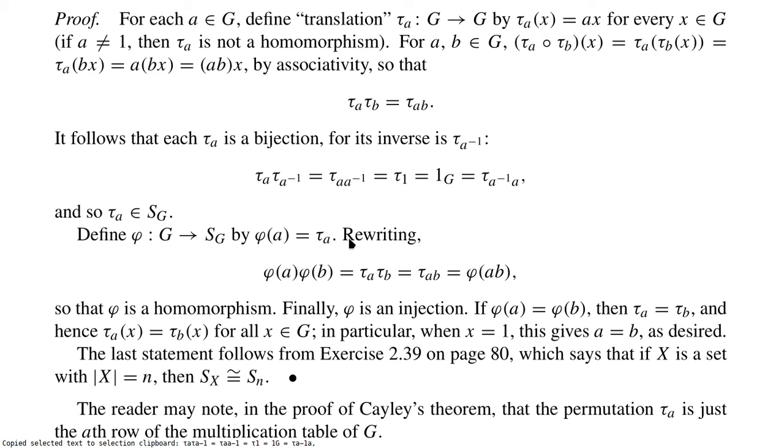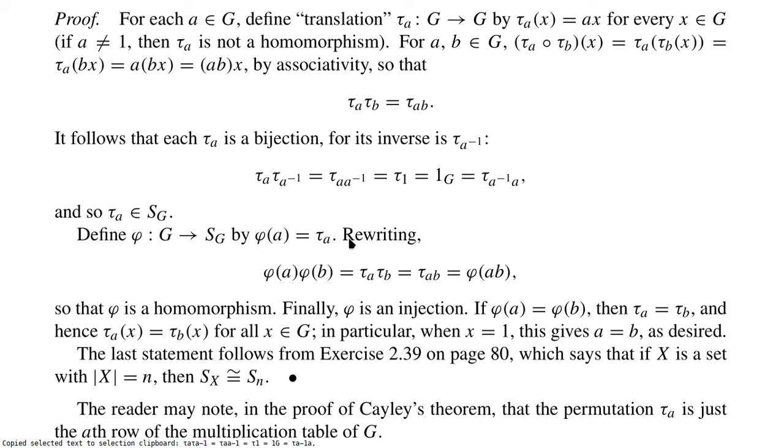So you again apply the fact that you take two elements from G and multiply. Phi of A times phi of B is going to be equal to tau sub A times tau sub B. But as we know, tau sub A times tau sub B is just tau AB.